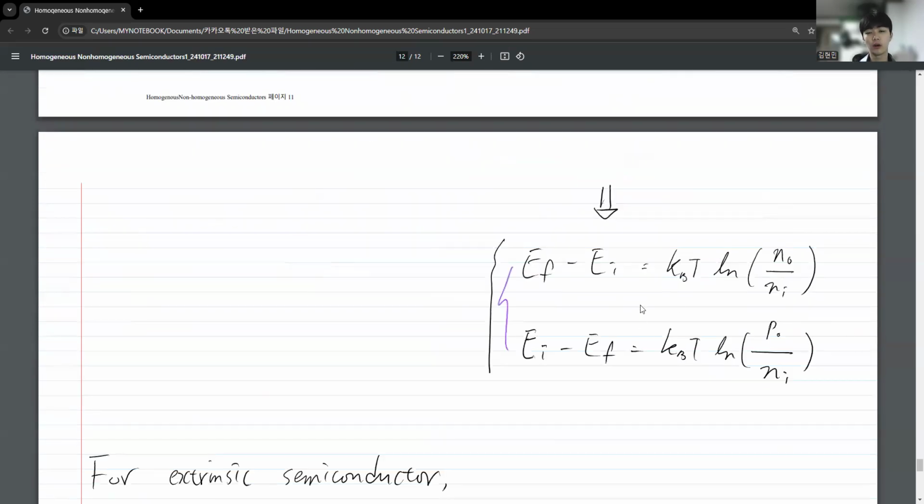So we can solve the Fermi energy level minus the intrinsic energy level equals kBT times ln n0 over ni. And for holes, the intrinsic energy level minus the Fermi energy level equals kBT ln p0 over ni.